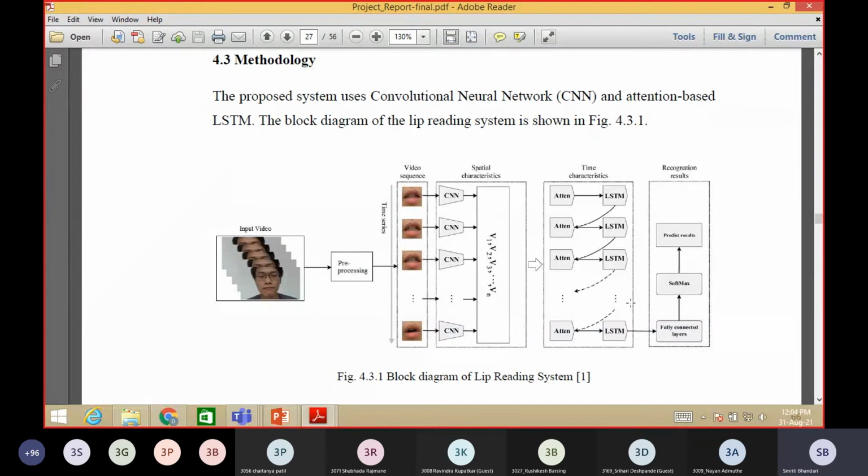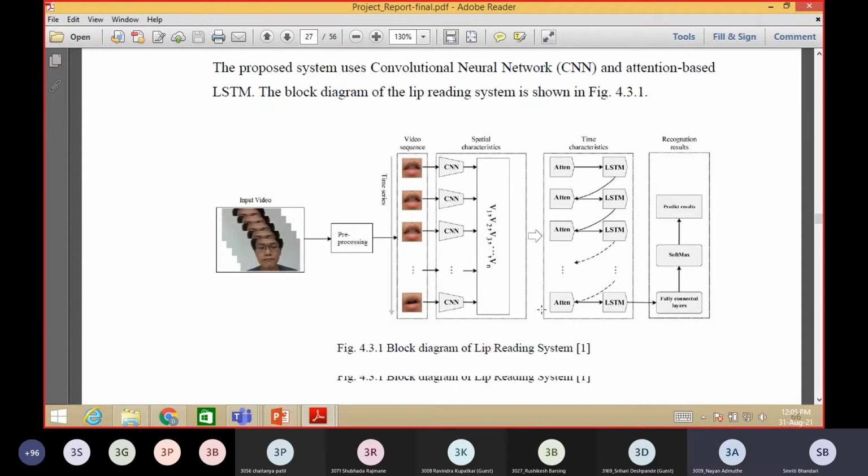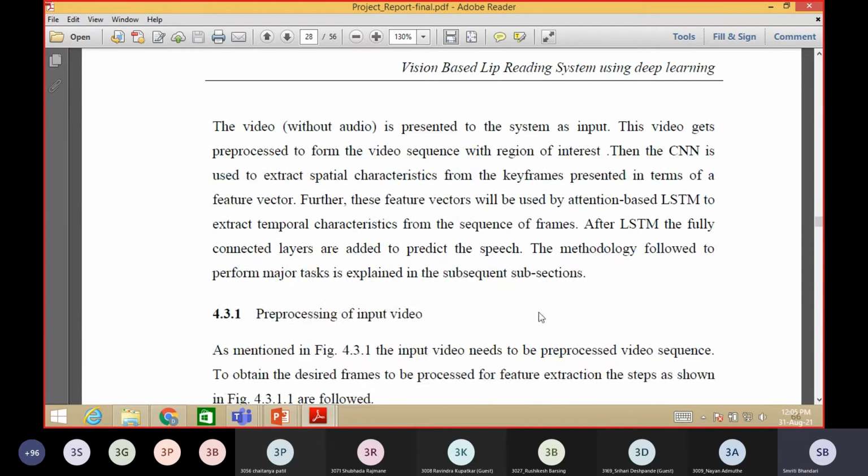So every figure should have an associated figure number and caption, and every figure should be referred to in the respective text in your report. Are you getting me? Yes, ma'am.